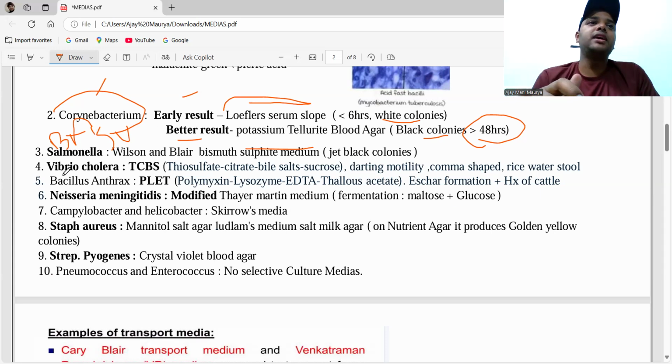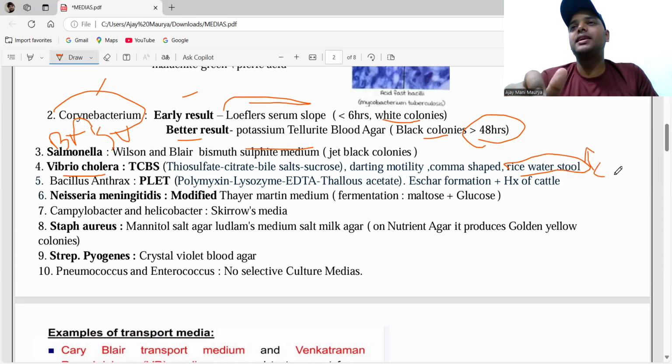Now, next one is the Vibrio cholerae. This is very important, guys. Vibrio cholerae causes rice water stool, watery diarrhea. It increases the cAMP. It shows darting motility.